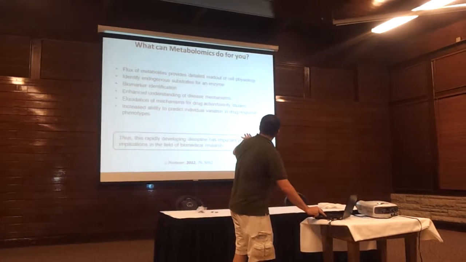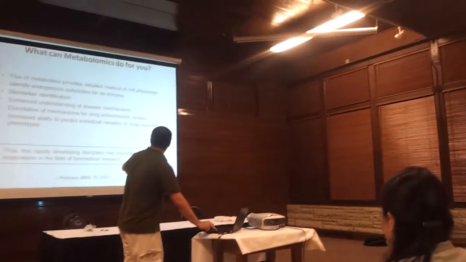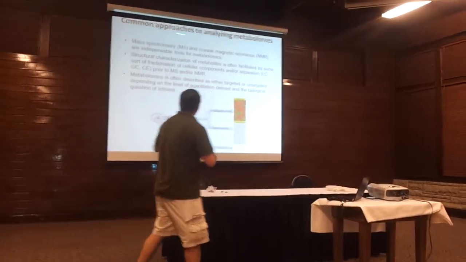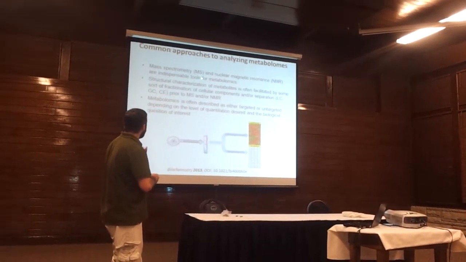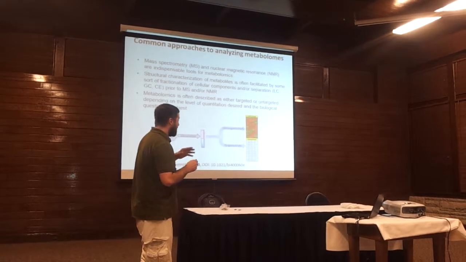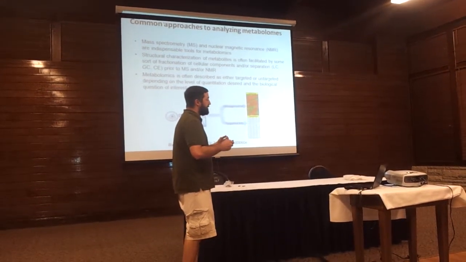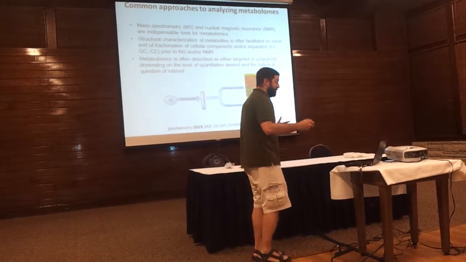So there's a variety of things that metabolomes can show you. I'm going to go through some of these in detail. We can skip over this. And then some common approaches to analyzing metabolomes. First, I have to mention that mass spectrometry and NMR are two indispensable tools for doing this, just because of their ability to provide very detailed structural information on a lot of different types of molecules.